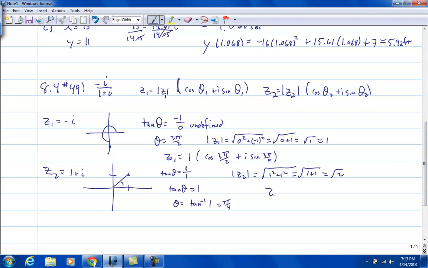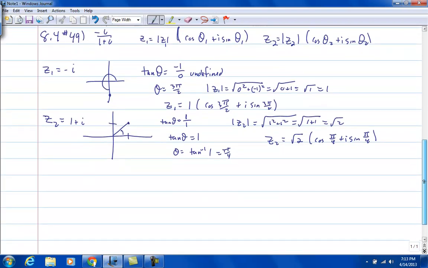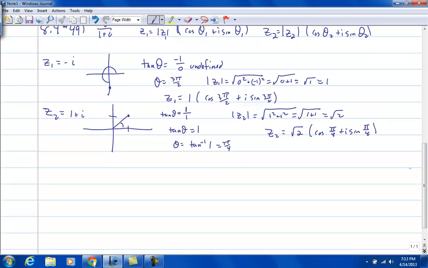So our z2 is going to be the square root of 2 times cosine of pi over 4 plus i sine of pi over 4. Now we're doing division.